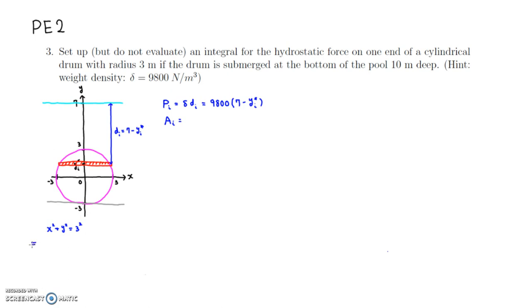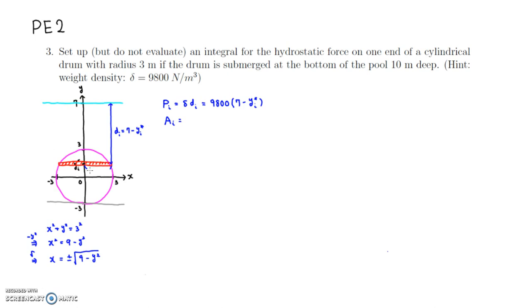Subtract y squared from both sides: x squared is equal to 9 minus y squared. Take the square root of both sides, and x is equal to plus or minus the square root of 9 minus y squared.